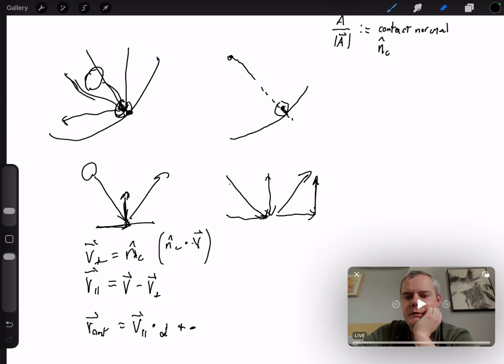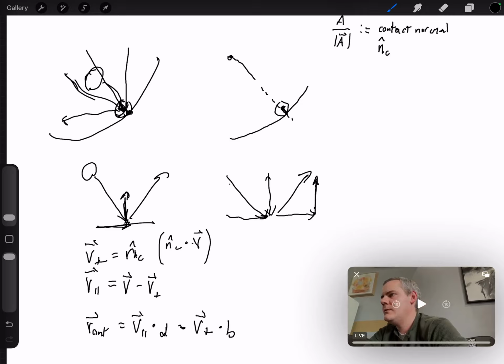Plus, no, more like minus. Minus the, what would you call it? The perpendicular component. And that has like a bounce. 90%. It doesn't all come through.